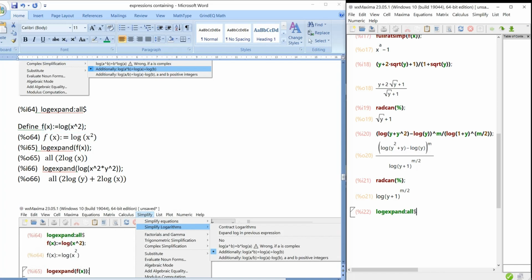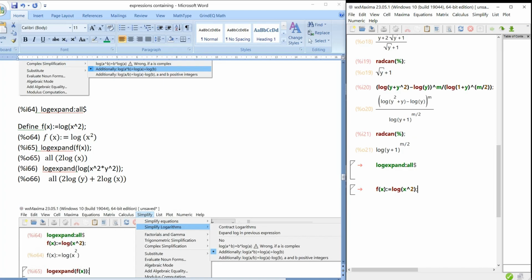Now we consider this example. This is the example, fx equal to logarithm of x square, right? Shift enter. So fx is log of x square. Now I want to expand this function.